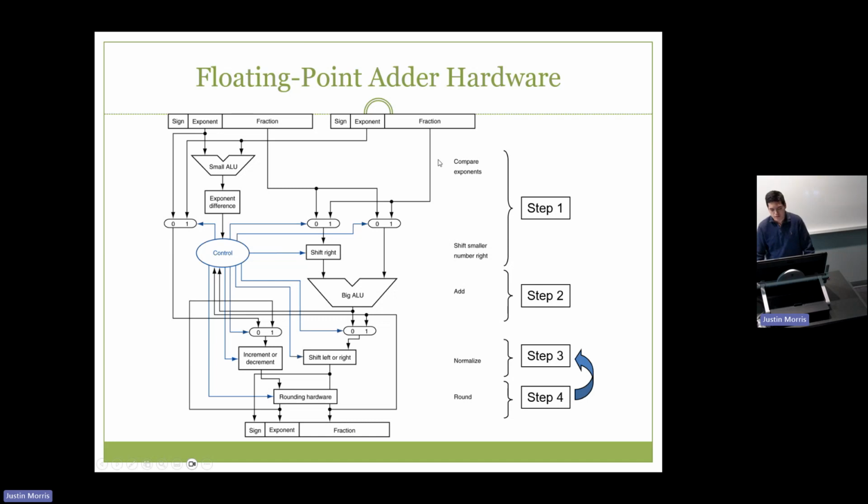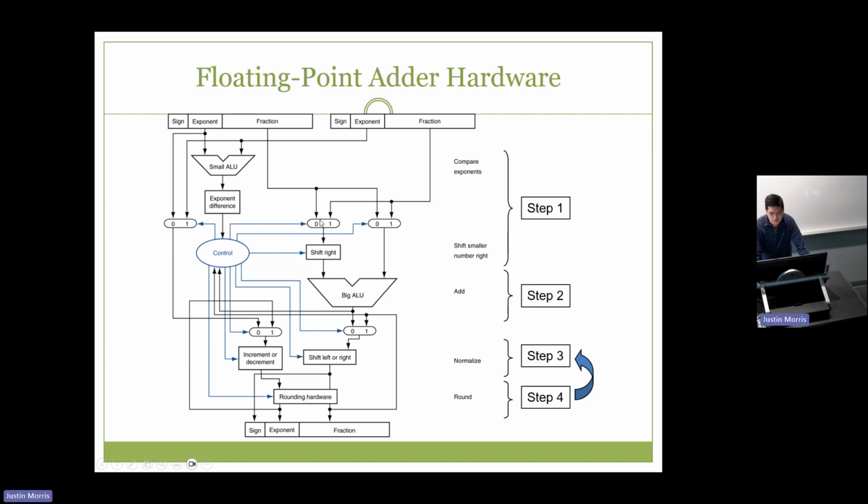Here is what the hardware looks like. This small ALU is just going to take the subtraction of this exponent and this exponent to find the difference, right? And then based on the difference, whichever one was smaller, that's the one that we are going to shift.